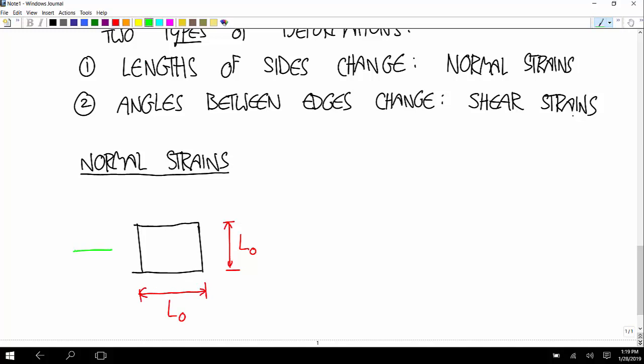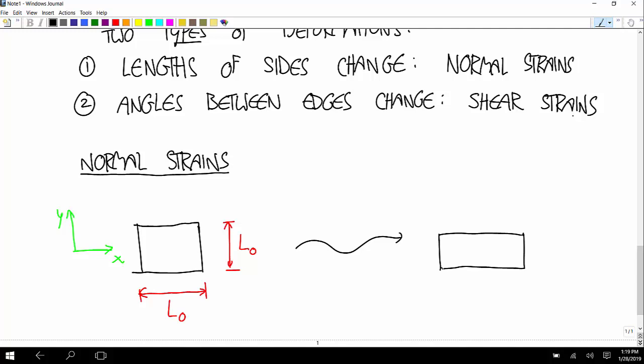I'm going to think of the coordinate system like this, so the z-axis would be coming right out of the page. And then this deformation happens. This is a very extreme deformation, 1,000 times or something more deformation than we can deal with in this class.